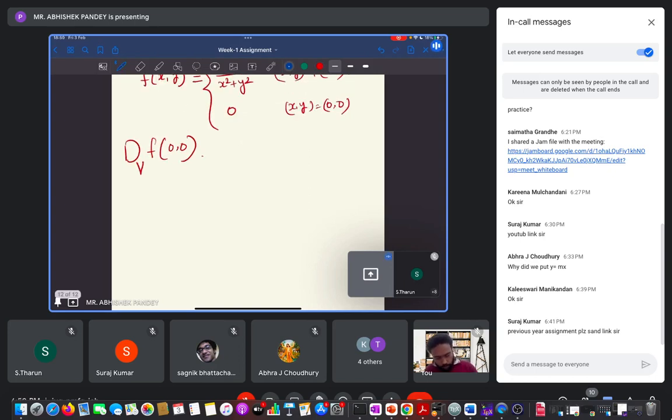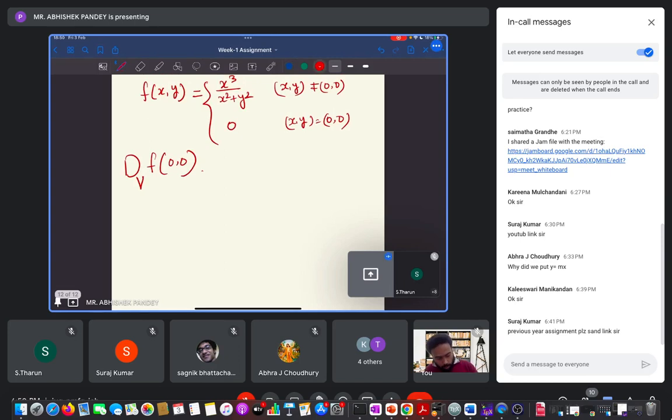So for this, let v be equal to u comma v, with small u and small v. Okay, so we need to find the limit t tends to 0 of f of tu comma tv minus f of 0 comma 0 upon t.